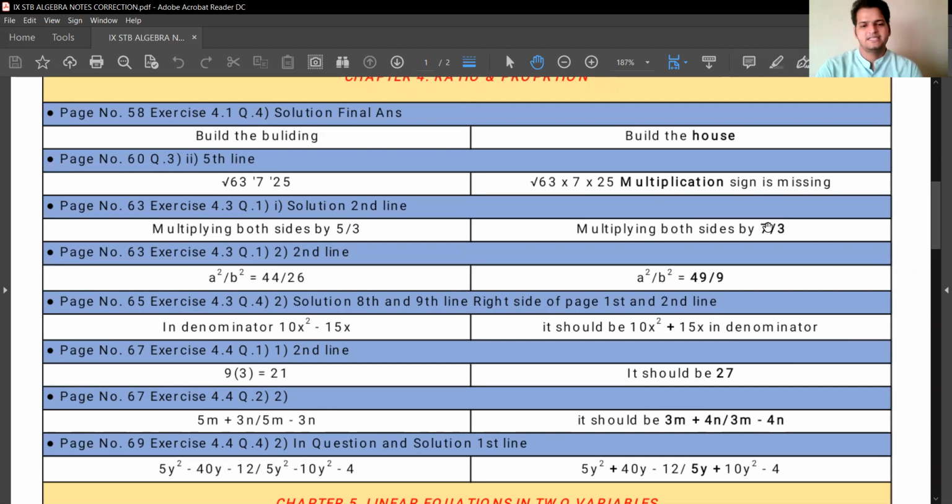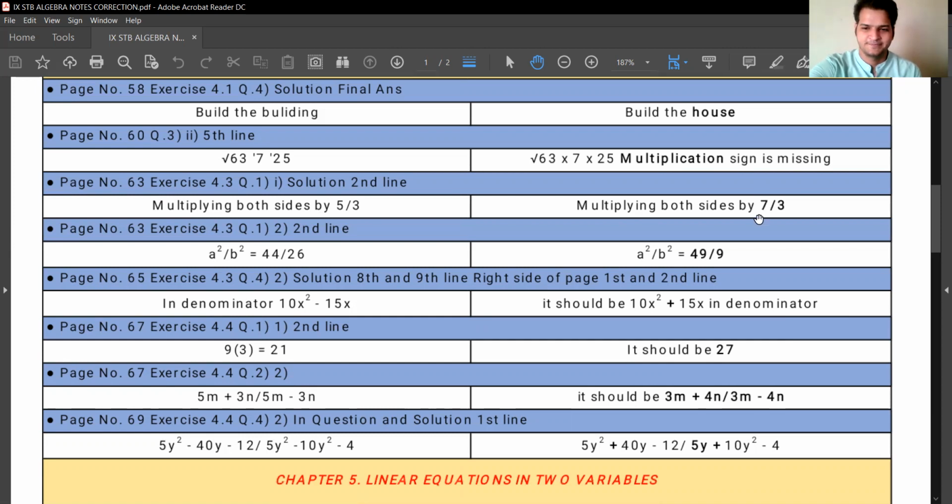The denominator is printed as 10x square minus 15x. Rectify those denominator as 10x square plus 15x. I'll repeat. The denominator of the ratio is 10x square minus 15x, which should be 10x square plus 15x.